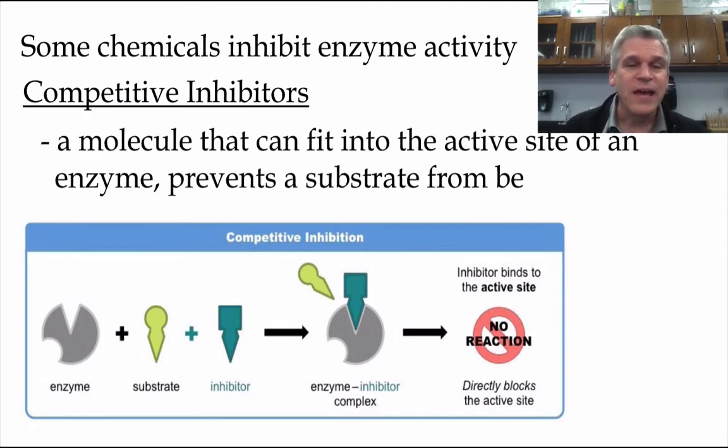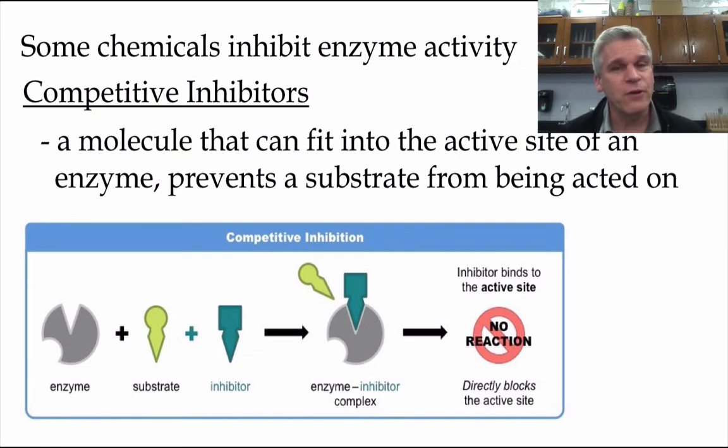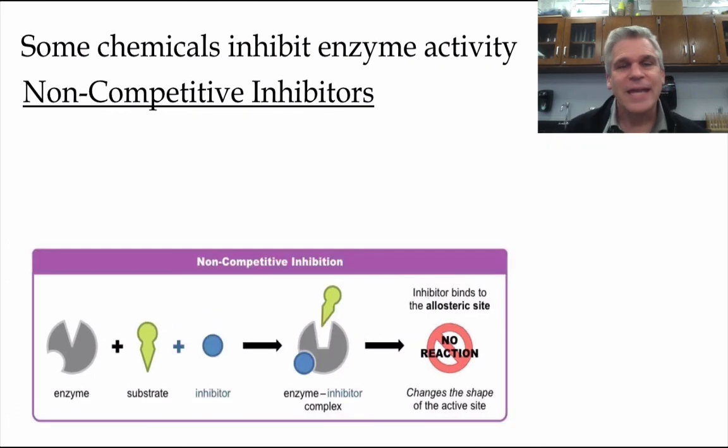Now, if the inhibitor attaches to the active site, there's no reaction that takes place, but it prevents the substrate from being acted on. If the enzyme is not acting on the substrates, the reaction rate is going to decrease. So you see why it's called a competitive inhibitor, because they're both competing for that same active site. It's just in one case there's a reaction, in the other case no reaction.